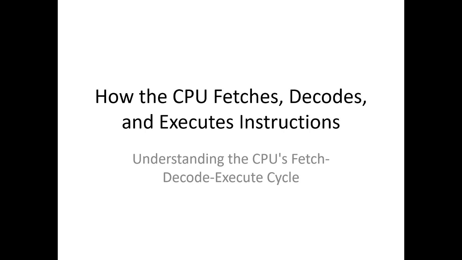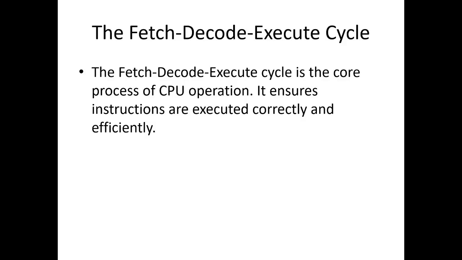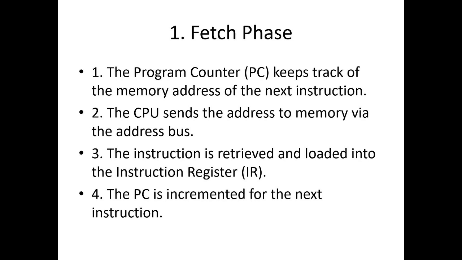Now let's look at how the CPU fetches, or receives, instructions from the memory. First, the program counter, PC, keeps track of the memory address of the next instruction to be executed.